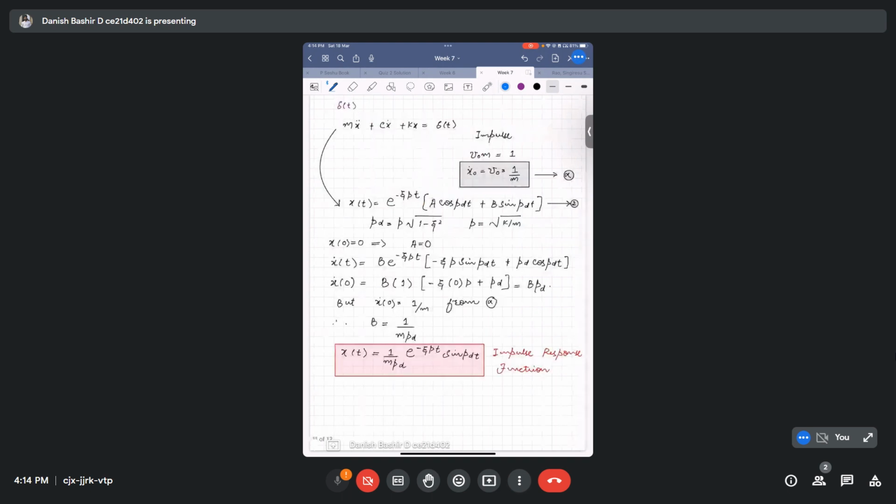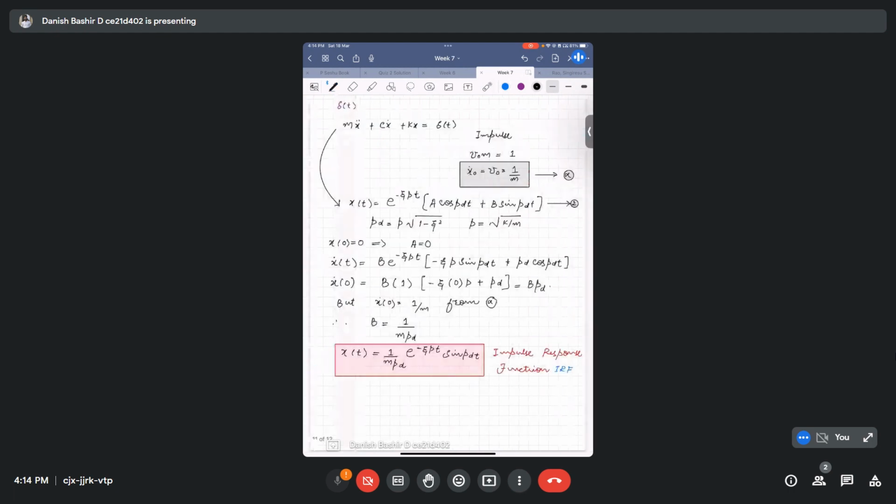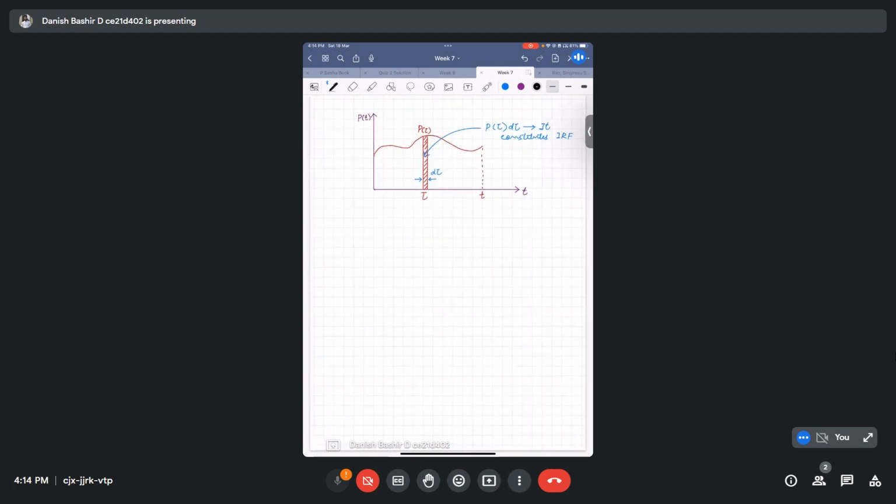Okay, so for this small strip pulse, we can write the response as we deduced above, x of t. We can write for this one, x of t will be equal to 1 by the mass of the system times the damped natural frequency, e to the power minus xi omega, and it is at t minus tau.